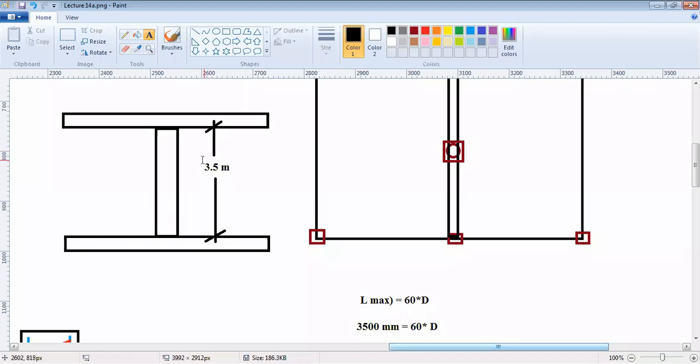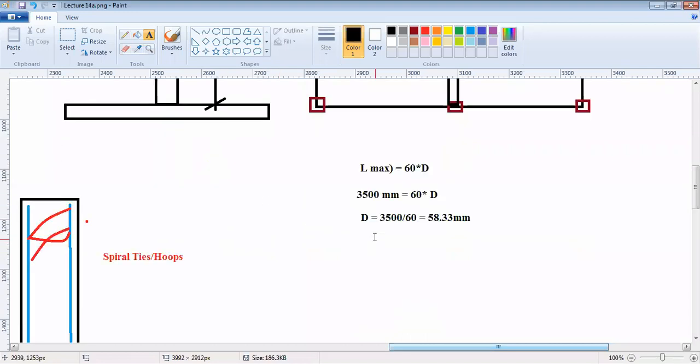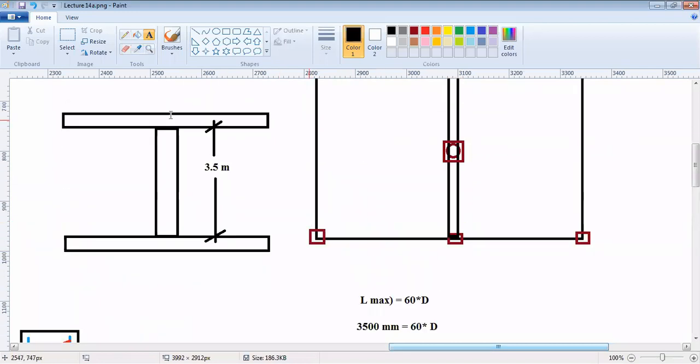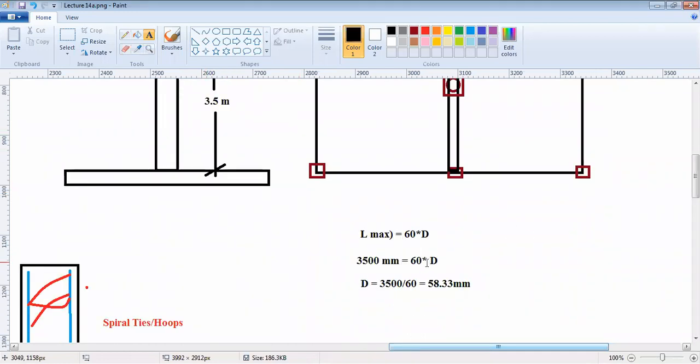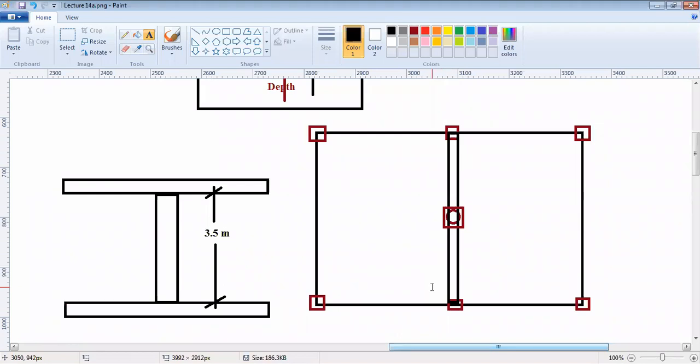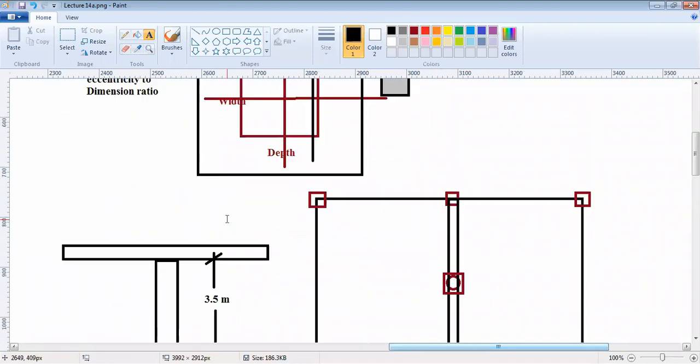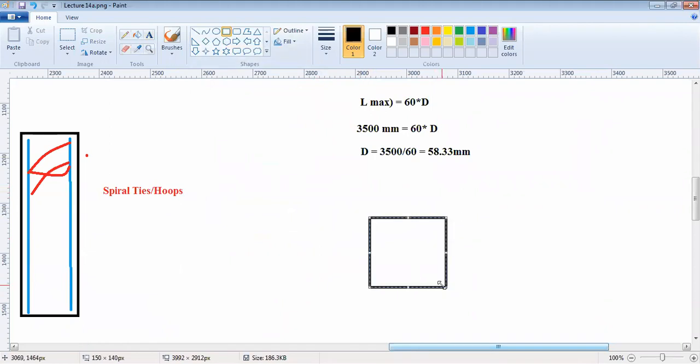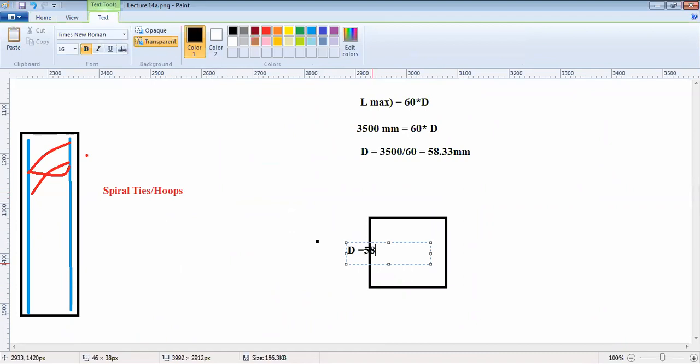The architect tells you the maximum clearance or floor height, for example 3.5 meter from floor to floor, so that becomes the unsupported length here. This is with beam, this is without beam, 3.5 meter. So as per code, if we implement this, 3500 mm would be equal to 60D. So D would be 58.33 mm. So this would be the minimum size of this column cross section.